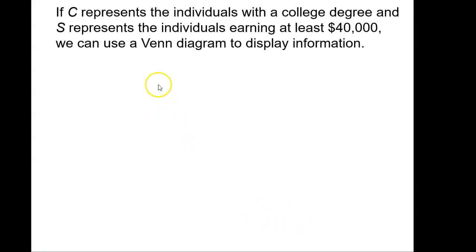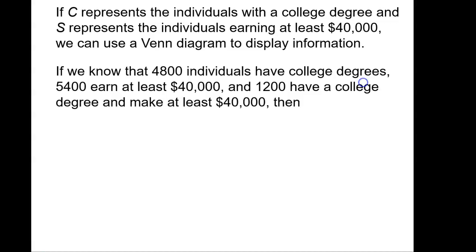Now, if C represents the individuals with a college degree, and S represents the individuals earning at least $40,000, we can use a Venn diagram to display information.